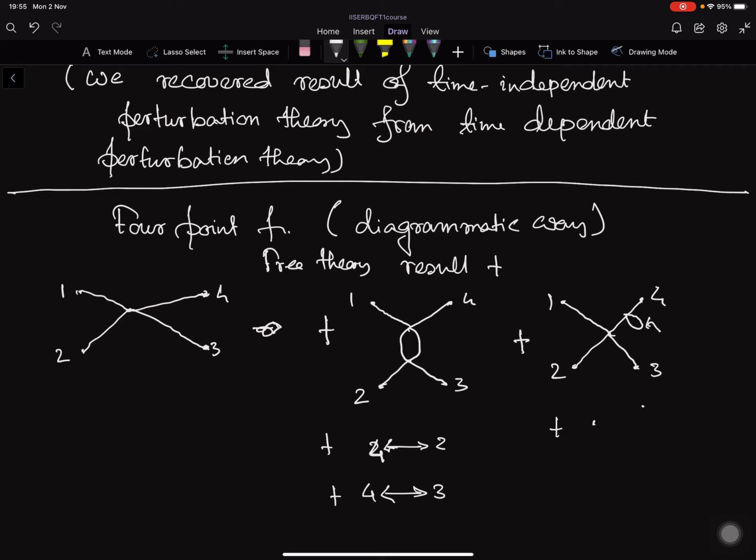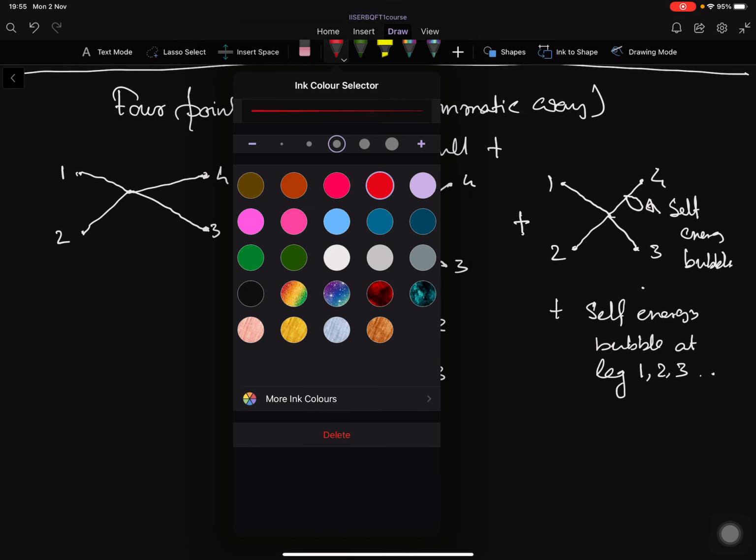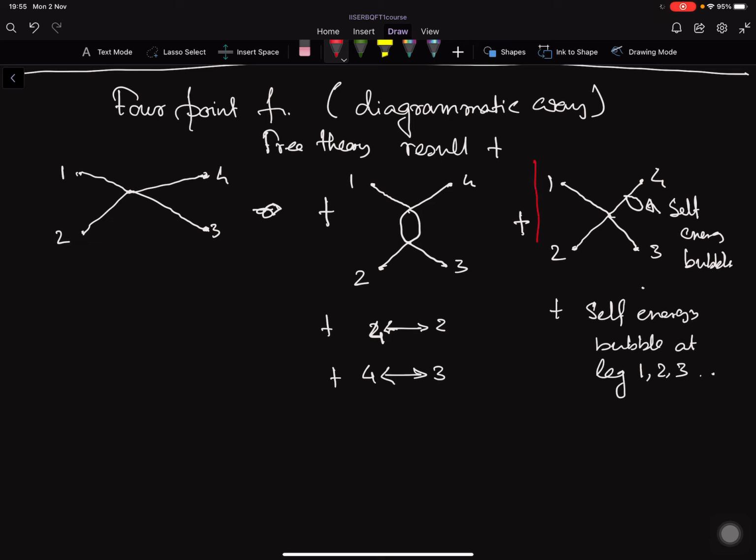So this is the self energy bubble, self energy bubble at leg 1 or 2 or 3. Okay. So these types of diagrams are not genuine corrections to 4-point functions.